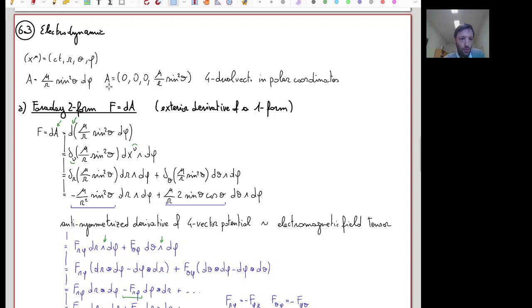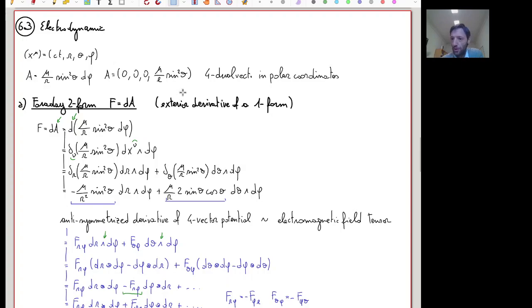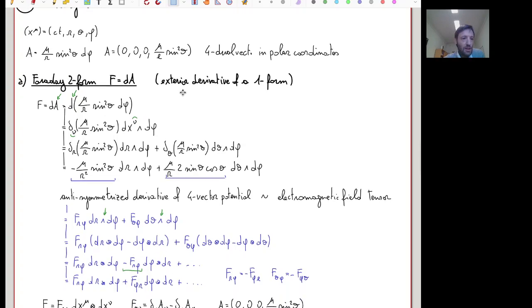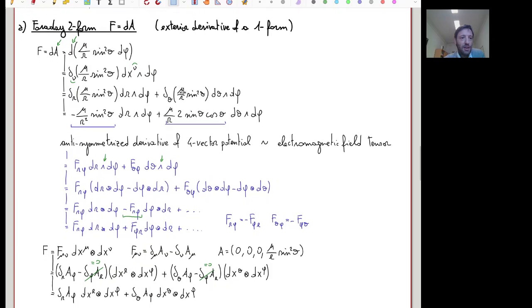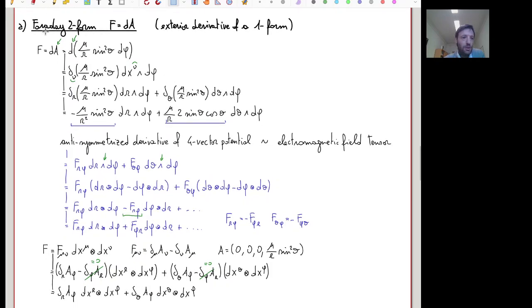Therefore, your full one form reads in this way: 0, 0, 0, and then you have this coefficient that is only for the phi component. Okay, so that's the four dual vector of what is going to be your four potential, the vector potential of electrodynamics.